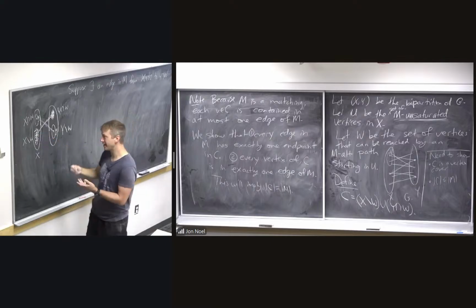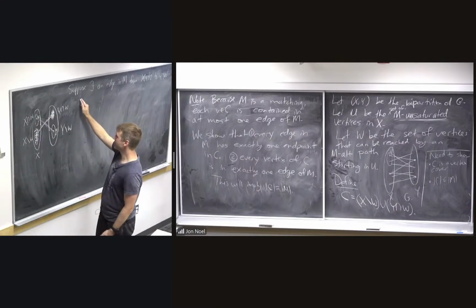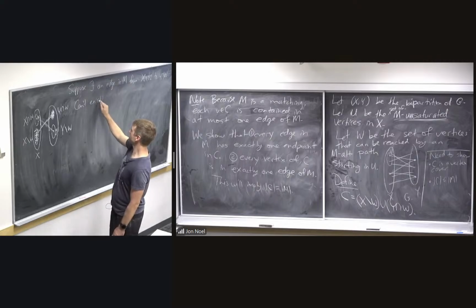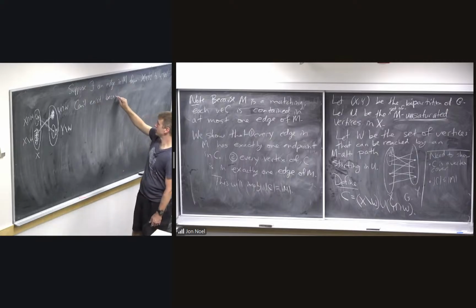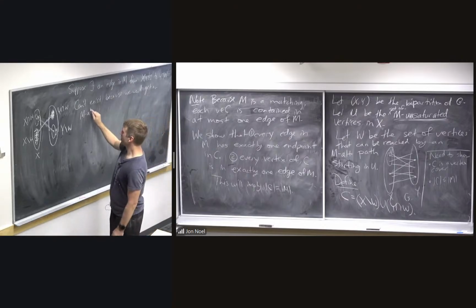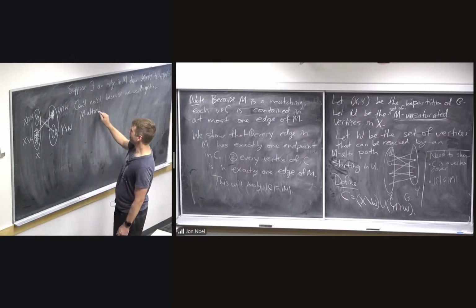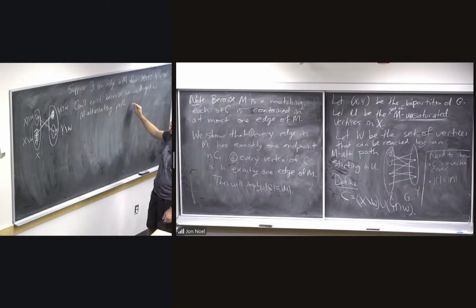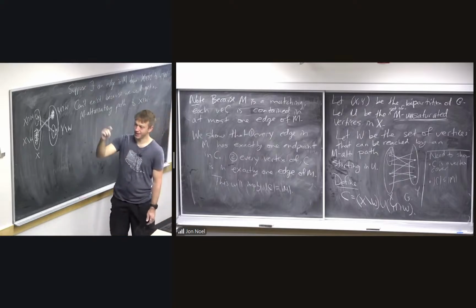So I think this can't exist, because we would get an M alternating path to X minus W, but by definition there are no such paths.